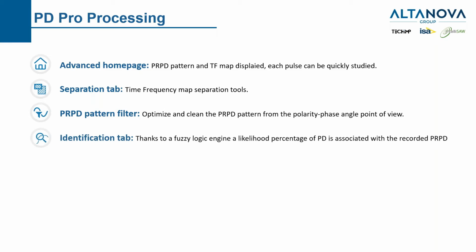We also have the identification tab. There is the fuzzy logic identifying the PD nature. There's a first stage when we just make analysis for the kind of macro families of PD, so internal, surface and corona, or noise.